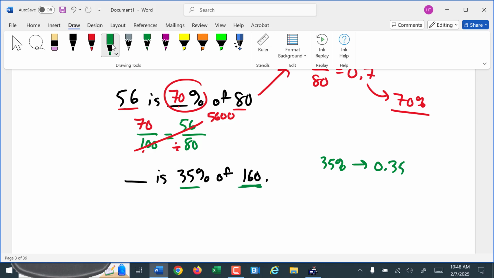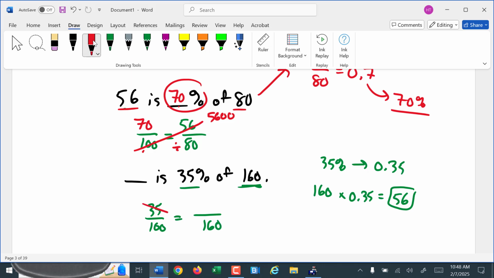And then since this is the base amount, it's the larger amount, I do 160 times 0.35, which I believe gives me 56. If I was using the proportion method, it's just 35 over 100 equals blank over 160. I cross multiply. 35 times 160 is 5,600. Divided by 100 gives me 56.